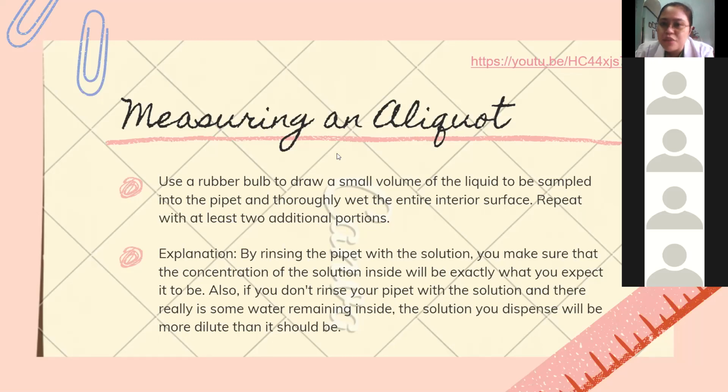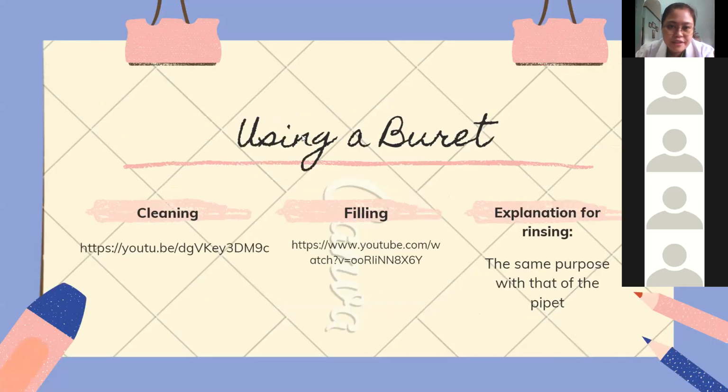So that is the reason why we do this all the time. After cleaning, before really using the pipette to measure the solution, we have to acclimatize it. The word is called acclimatize, acclimatization. Okay? So that will be the answer for the first part.